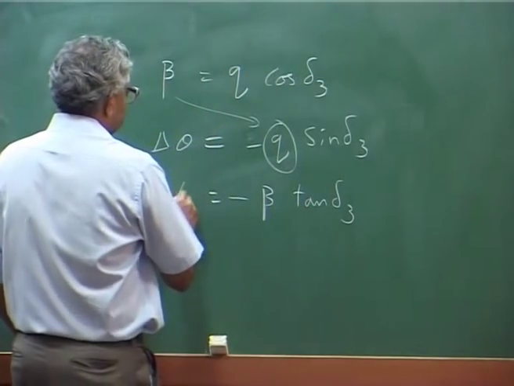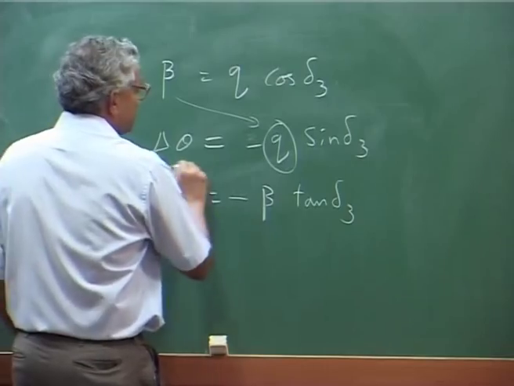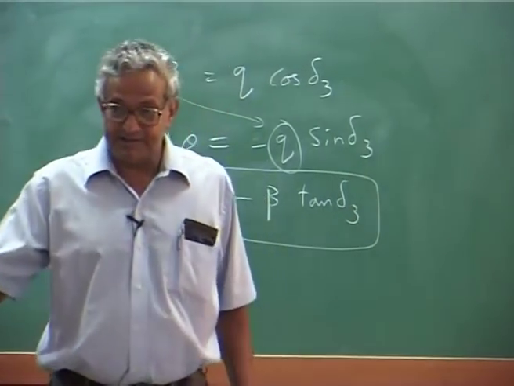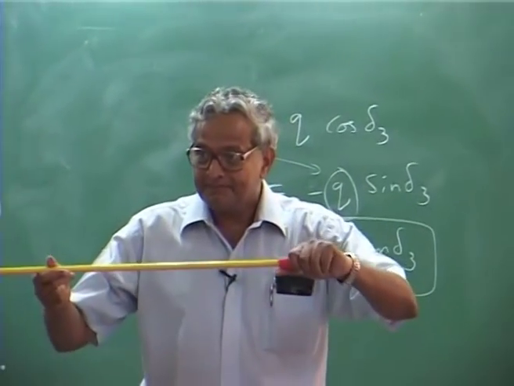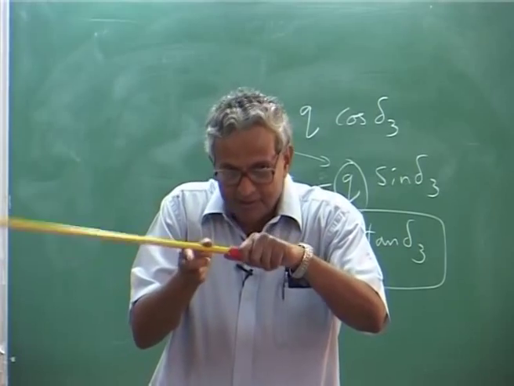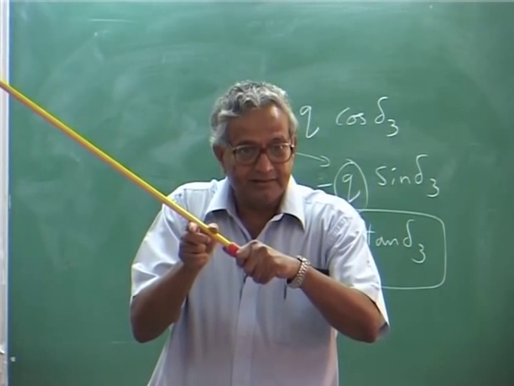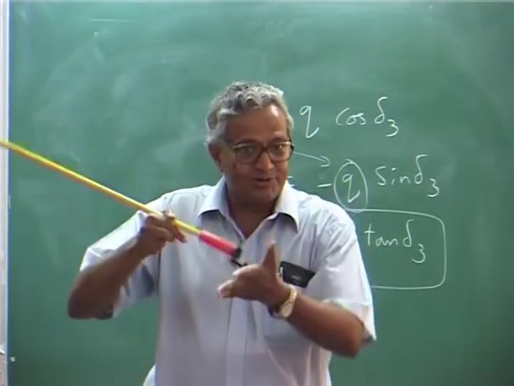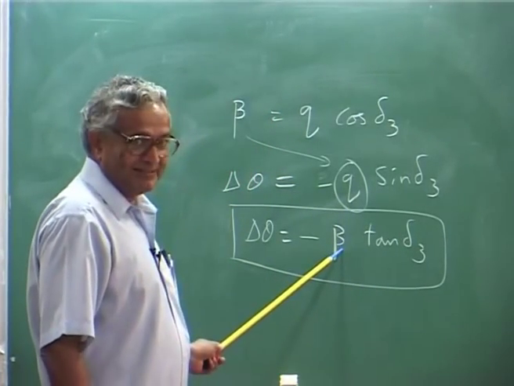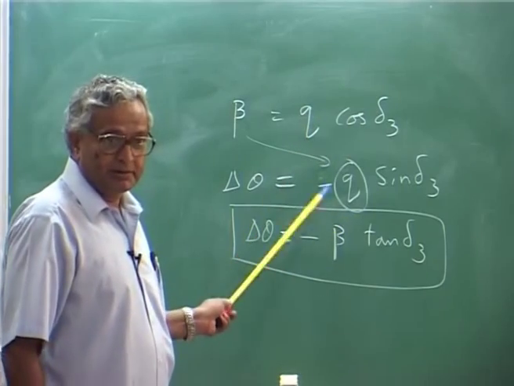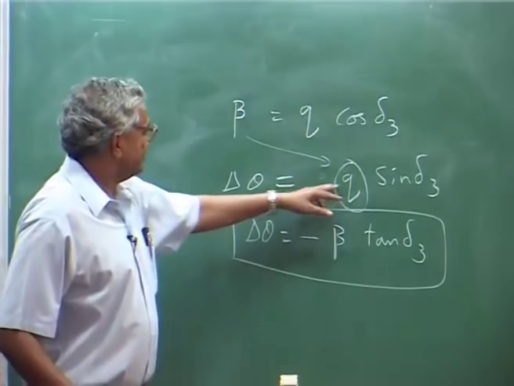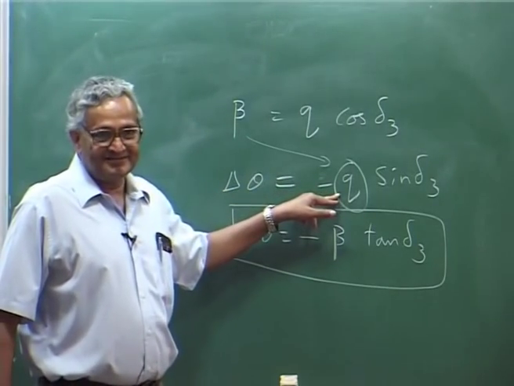So, please remember, whenever I call flap deflection, it is only about the hub plane, that angle, not about what axis it is rotated. That is why I put flap beta, not in terms of q, which can be something else. I am replacing this q in terms of beta.